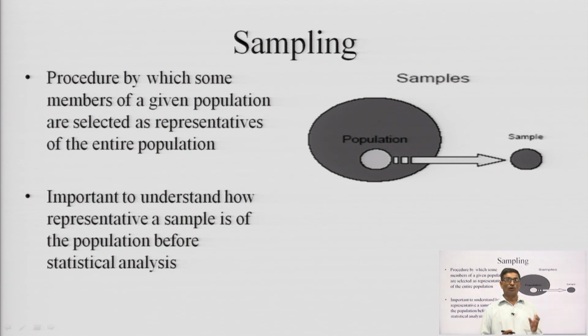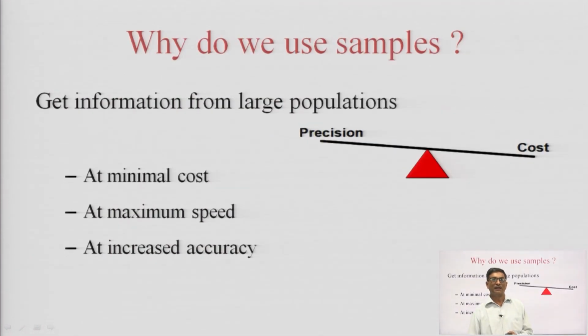So, to draw a sample from a population, the procedure is called sampling. What is the need of sampling? As I told you, in a census it is not possible to cover everybody.